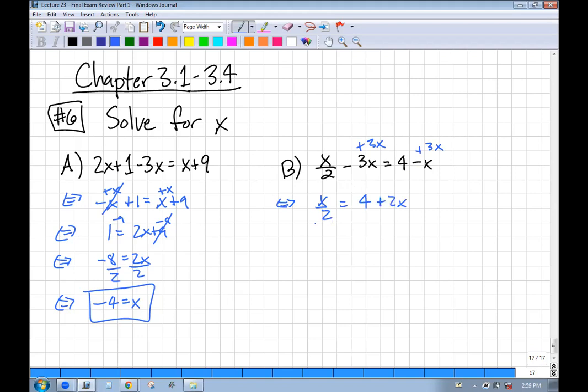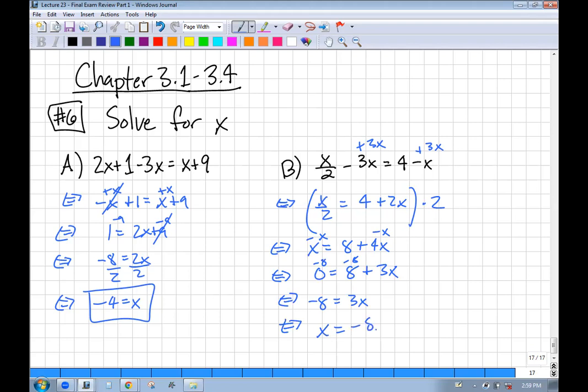At this point, now I get rid of this. I'd say multiply everything by 2. That gives me x equals 8 plus 4x. Then I would divide or subtract x from both sides. That gives me 0 equals 8 plus 3x. Then I get the 8 off my back. So I have a negative 8 equals 3x. Divide both sides by 3.